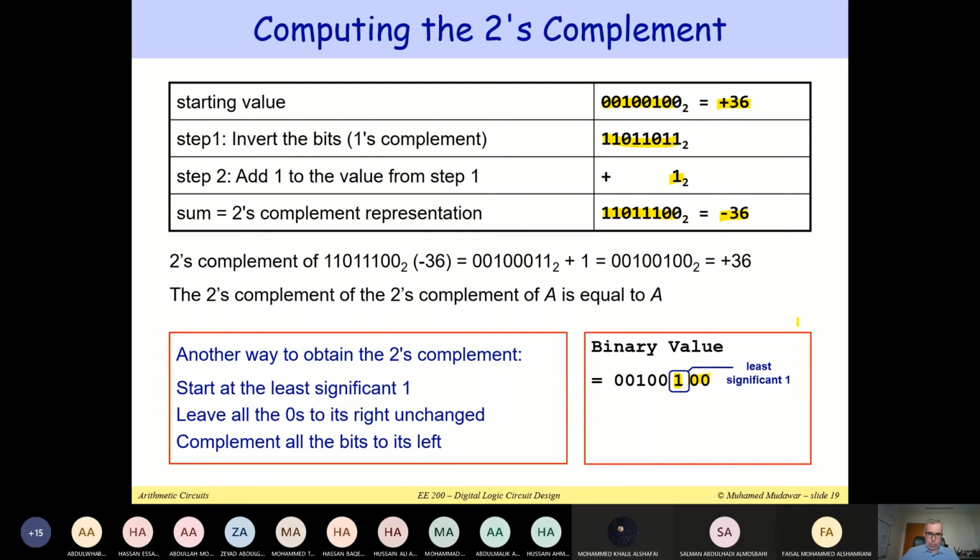We only complement these bits that appear to the left of the least significant one. If you complement them, you get negative 36. So this is another way. If you are doing it by paper and pencil, this is a quick way to obtain the 2's complement of a number. Do you have any question about this?